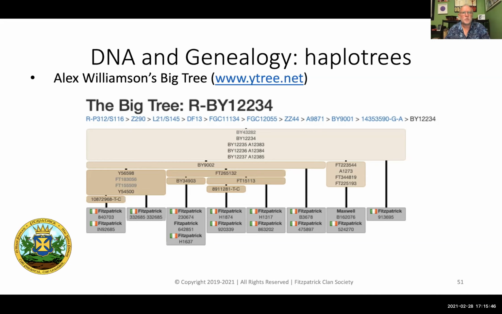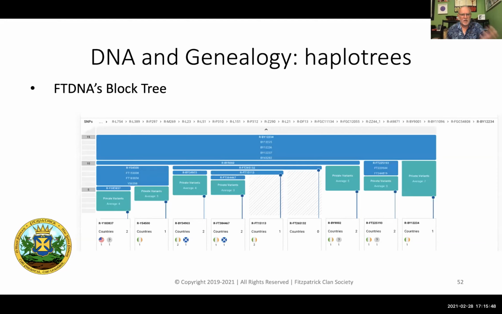That tree by Alex Williamson, incidentally, has now been reproduced in a slightly different format at Family Tree DNA. And if you're a member of Family Tree DNA, you can access what they call their block tree, for obvious reasons. And you can see it's a pretty similar format. It's got the genetic address for the subgroup along the top there, and then it's got these blocks with the SNPs in there.